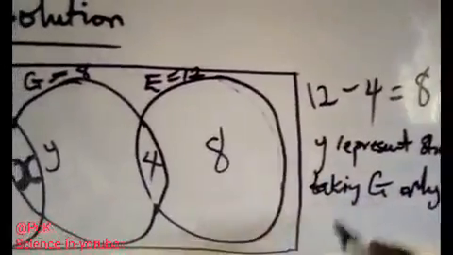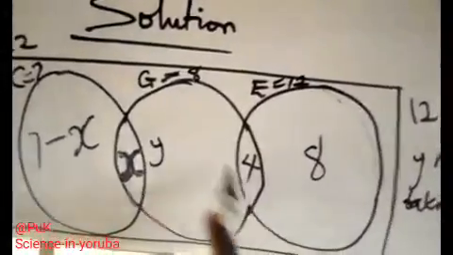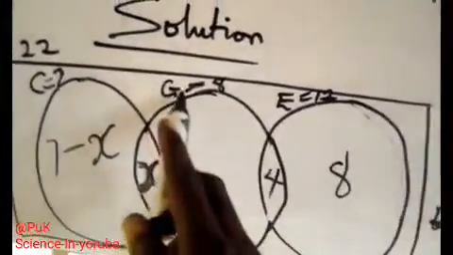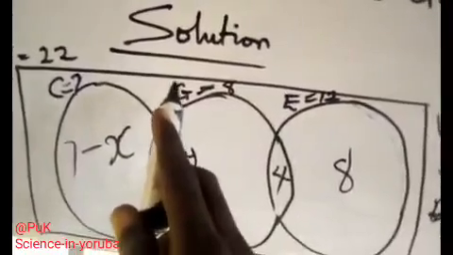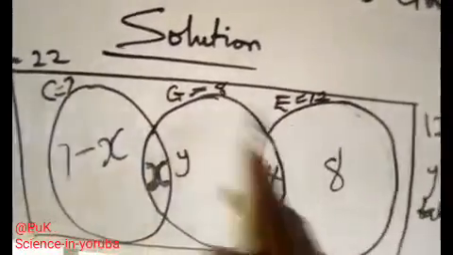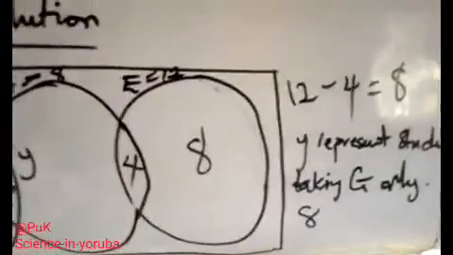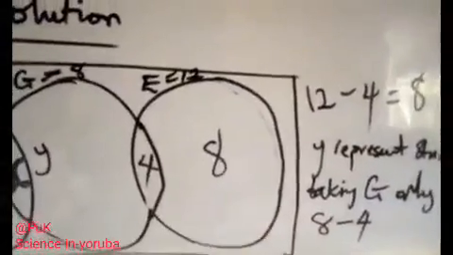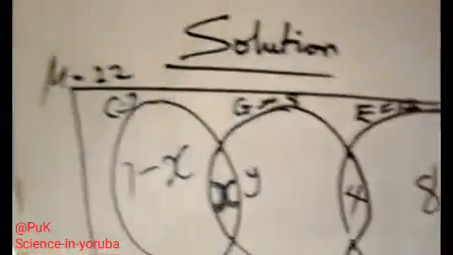Government only. Since we know 4 students are taking government and economics, and the total number of students taking government, either only or with other subjects, is 8, we subtract the 4 taking government and economics. So we are left with 4.